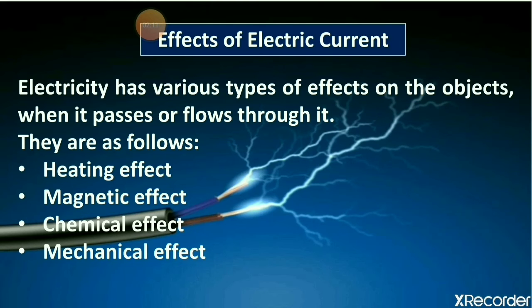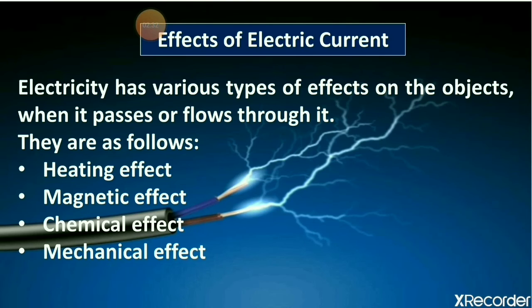So before we discuss the heating effect, because in this part we will study about heating effect of electric current, we should know about electric resistance. We know about it because in the previous part of this chapter we have studied about resistance also.